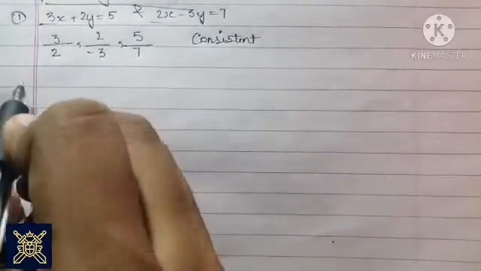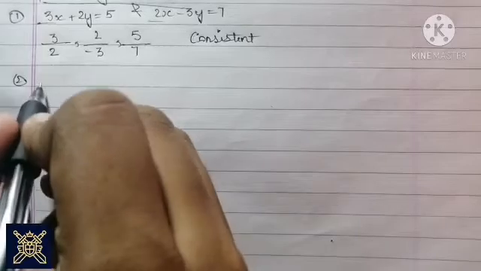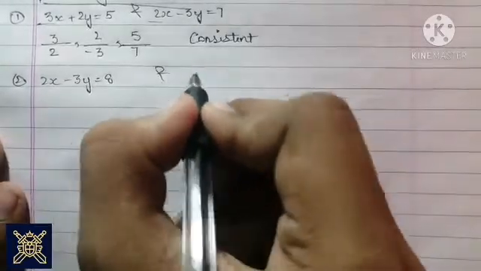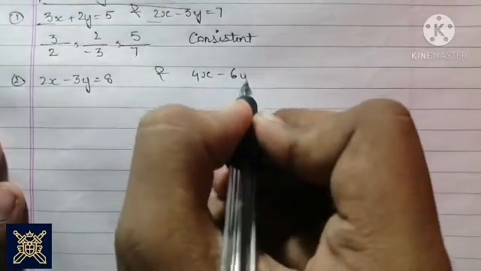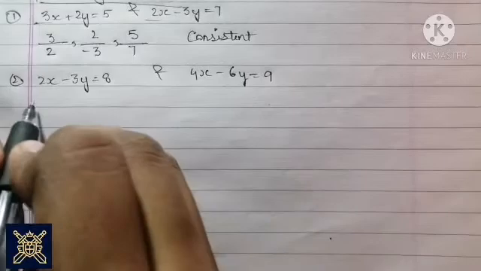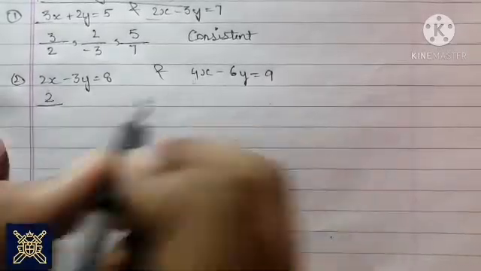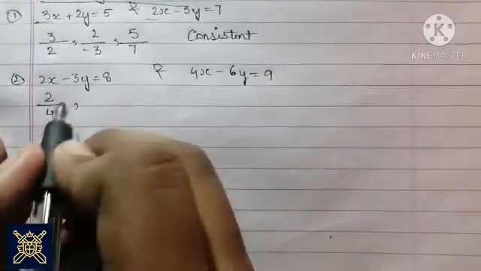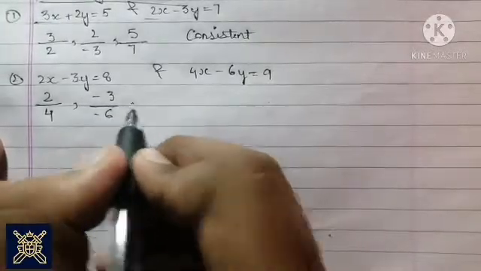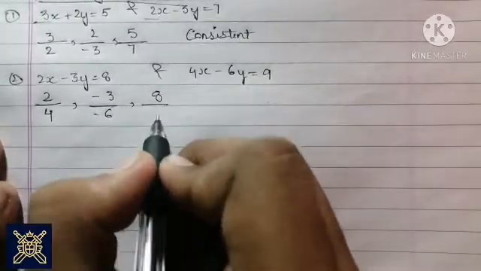The second question: you have 2x minus 3y is equal to 8 and 4x minus 6y is equal to 9. Now you will be operating on them. The first ratio will be 2 by 4, the second minus 3 by minus 6, and the third is 8 by 9.